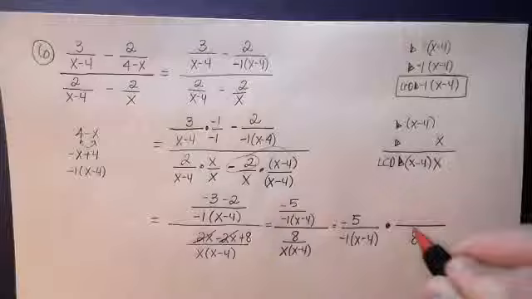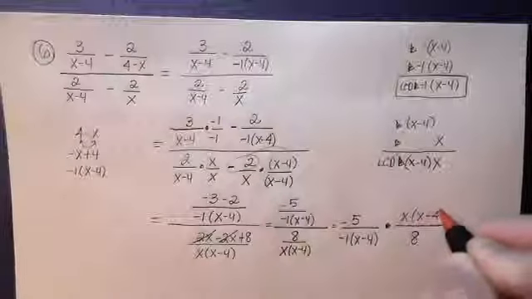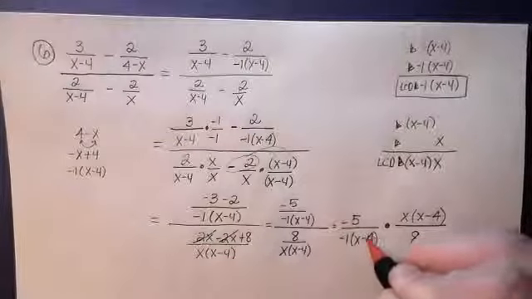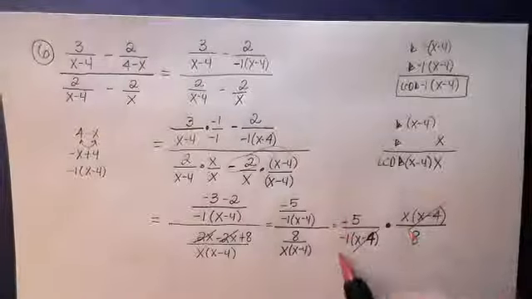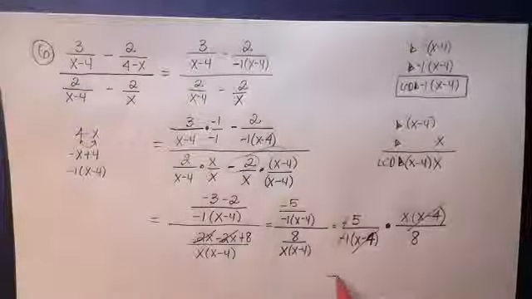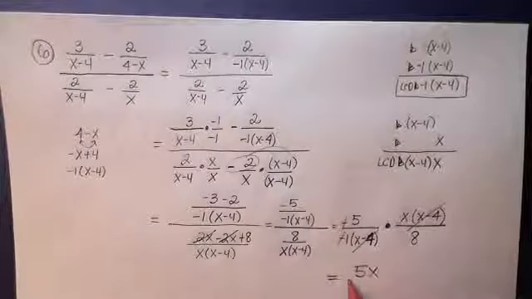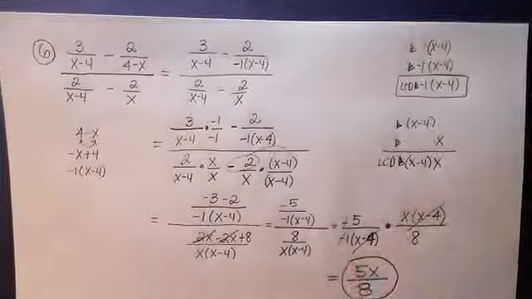So the 8 goes on the bottom, and we have x minus 4. So I'm going to cancel the x minus 4. I can go ahead and cancel the negative, and I believe that's it. So my final answer on top is going to be 5x, and on the bottom an 8. So that will be the answer for this problem.